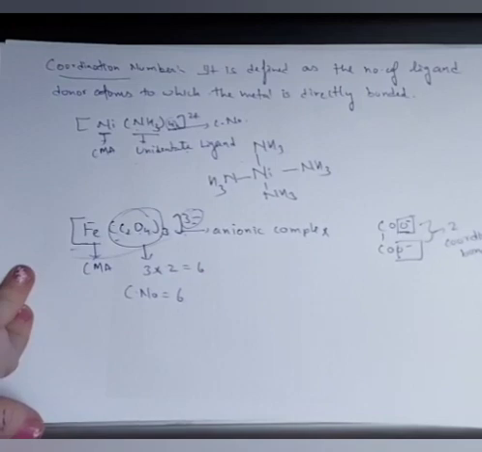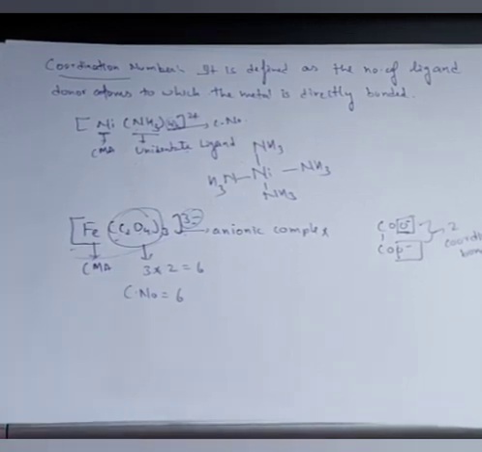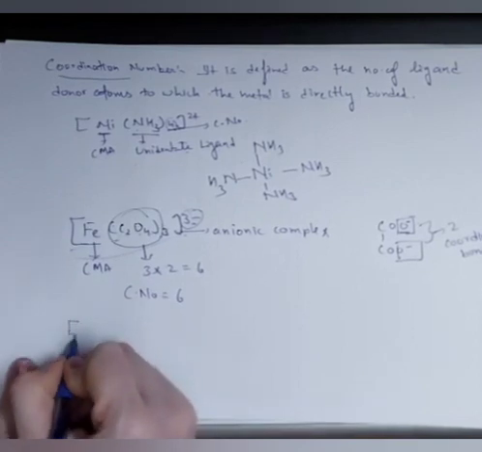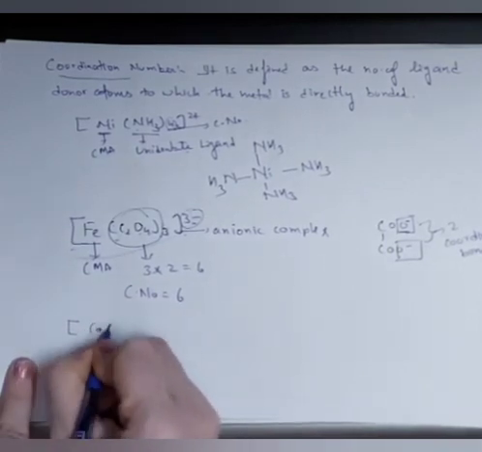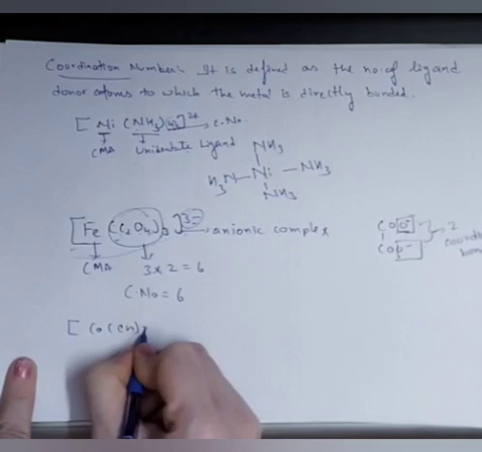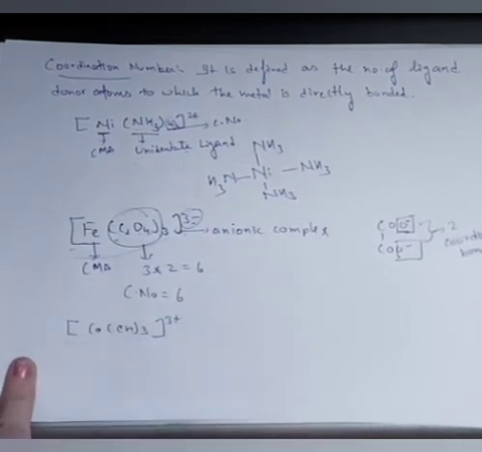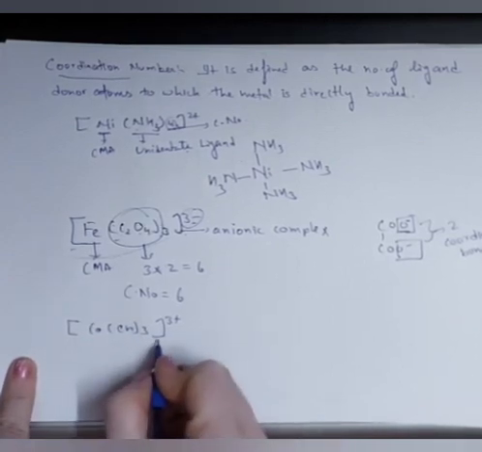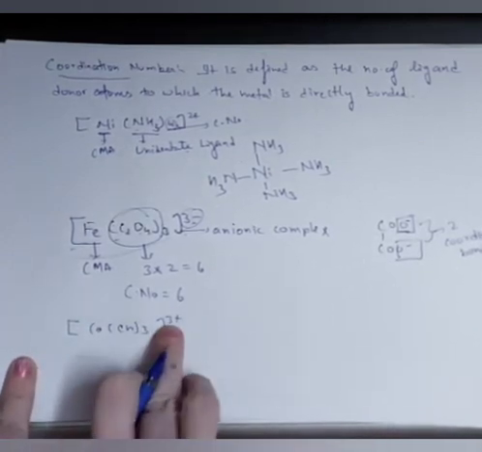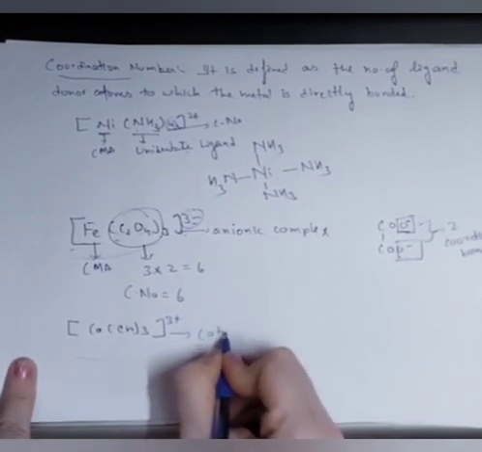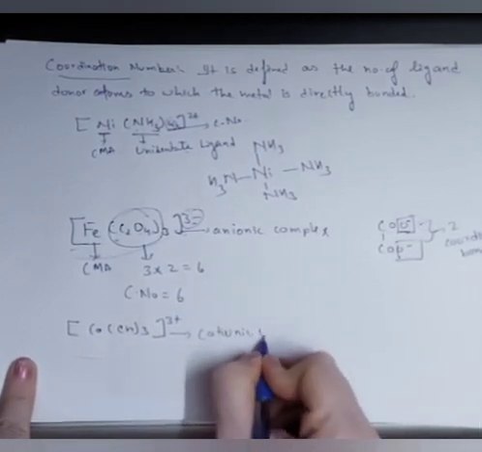But in case of didentate or polydentate ligands, we have to see its denticity. One more example we will see, like Co(en) whole thrice, and it is 3 plus. That means this coordination sphere is positive, so we are calling it a cationic complex.